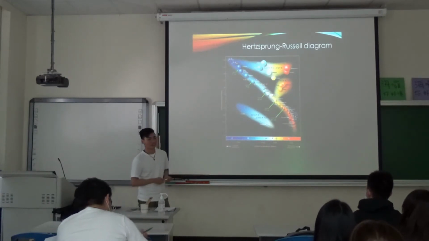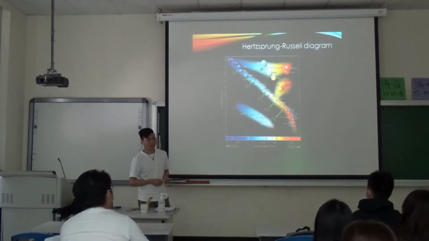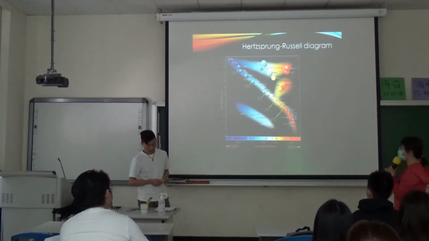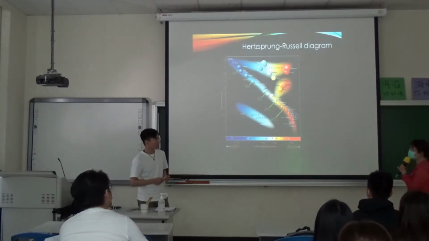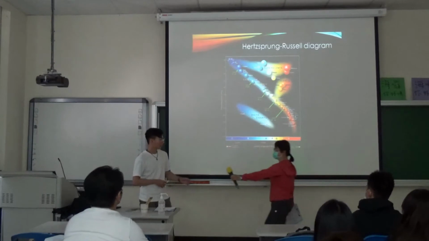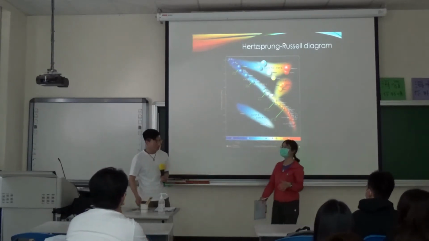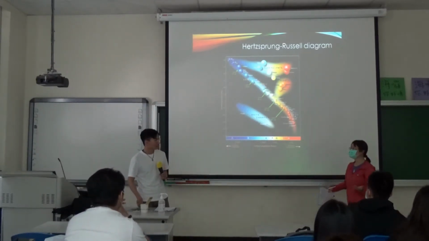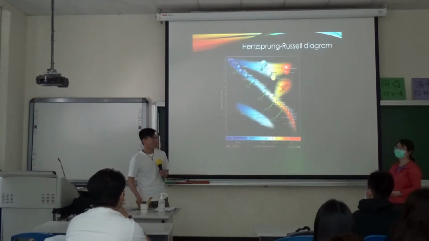Then how do you know the size of the star? Actually, that was my question too. How do you know the size of the star? Is there any physical equation, something like that? Okay, so, a hint.